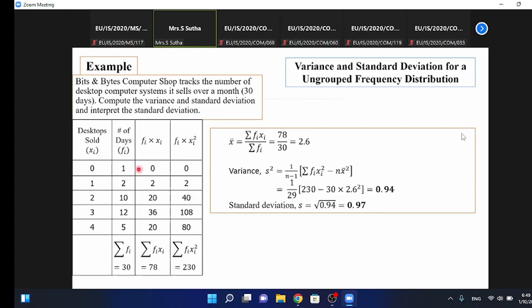So 0 into 1, 0. Then 2 into 2 with the frequency. Sorry, it will be 4. You make the corrections. It will be 4.